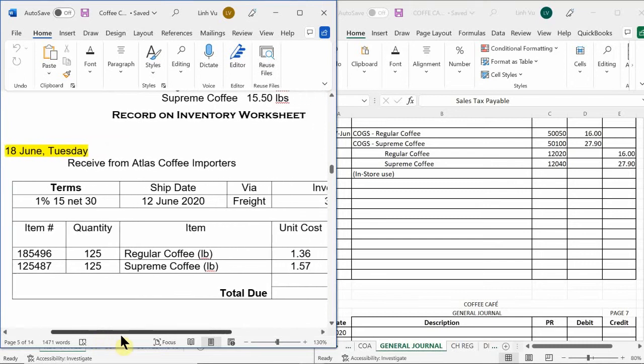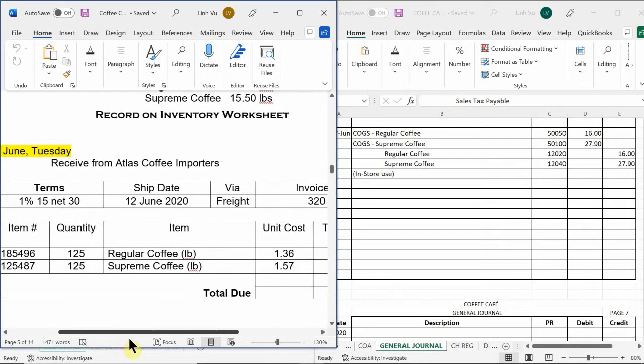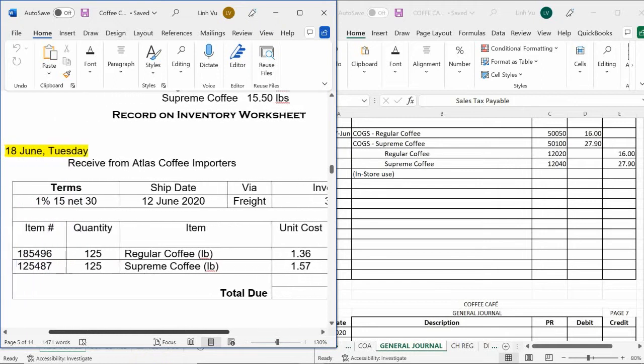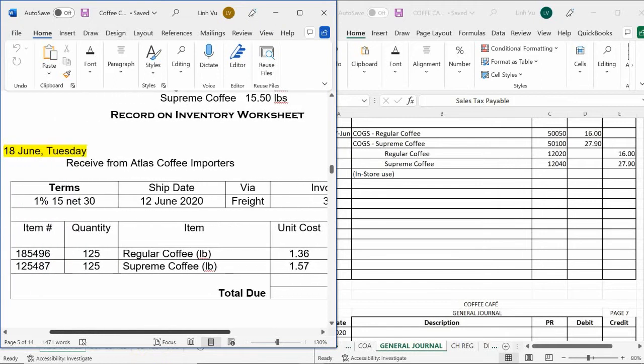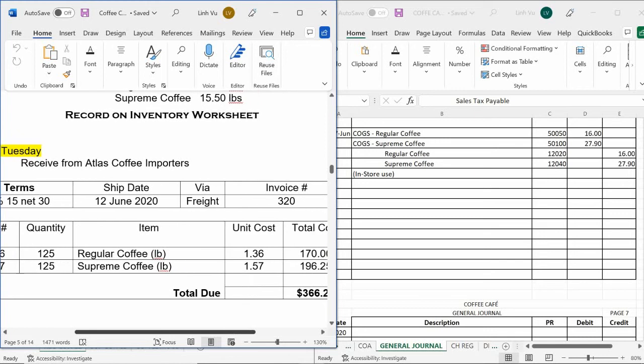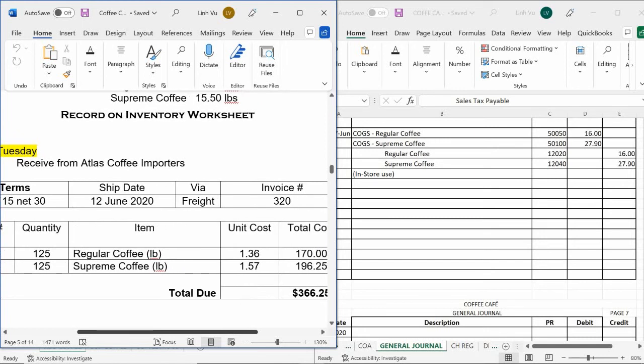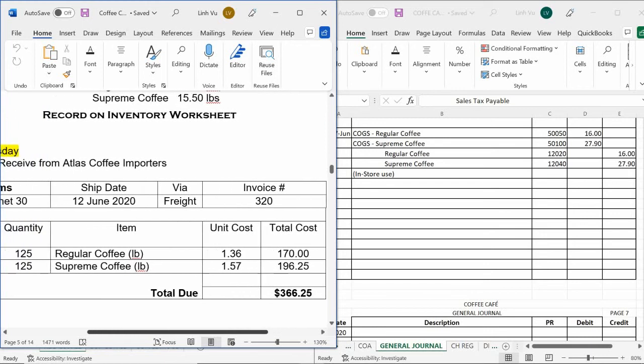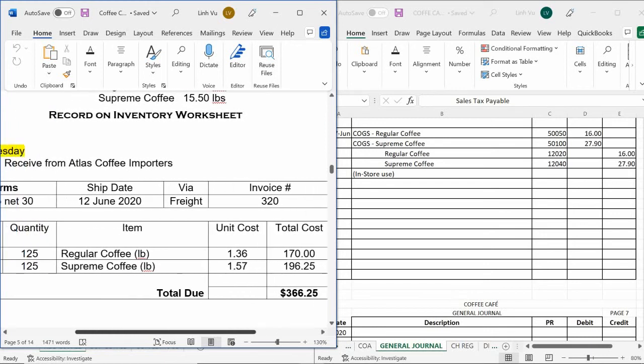All right, and we end up receiving a bill from Atlas Coffee Importers. So let's see what happened here. We got some terms. We got 125 pounds of regular coffee, 125 pounds of Supreme coffee. Right here are the unit prices for a total of $166.25. Invoice number 320.